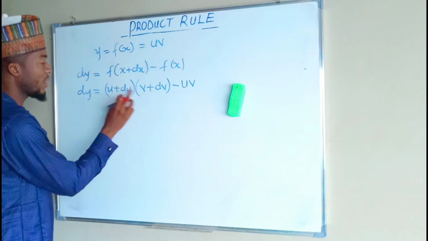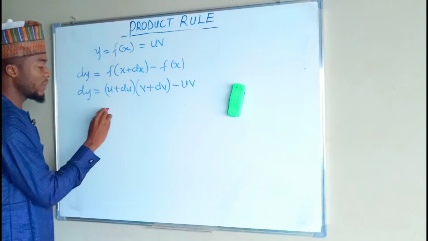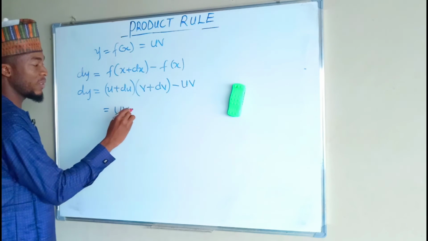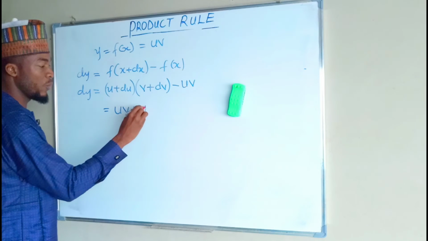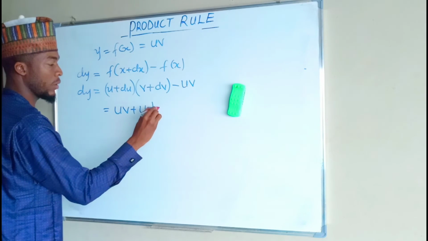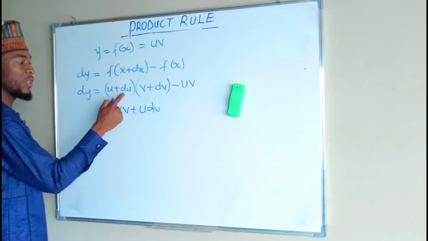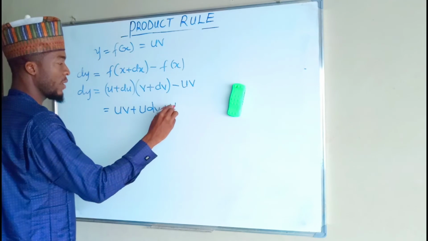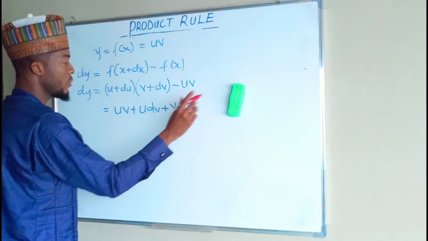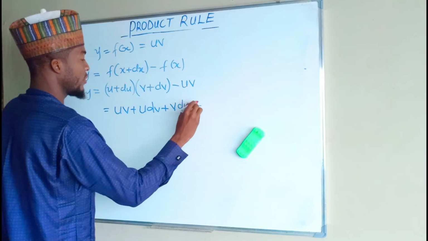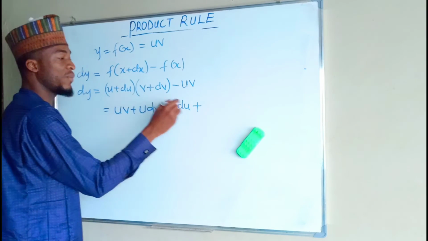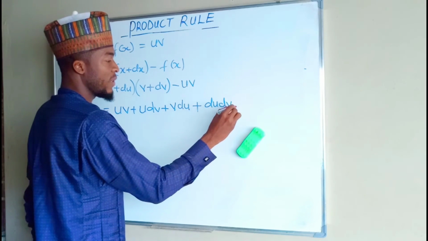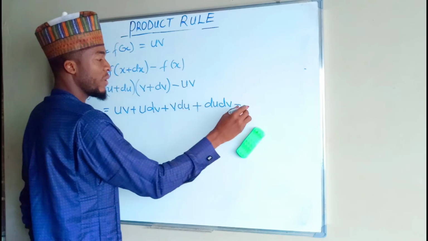If you expand this, u times v is uv, u times dv is u dv. Then the other term, du times v is v du, plus du times dv, du dv, then minus uv.